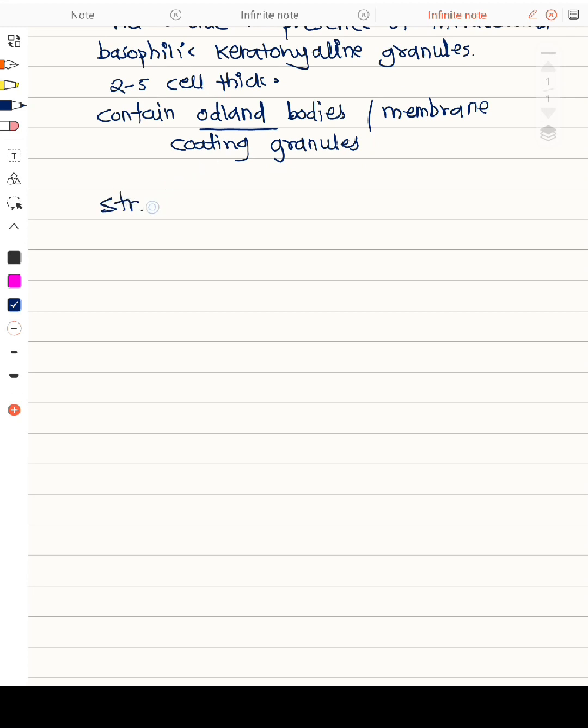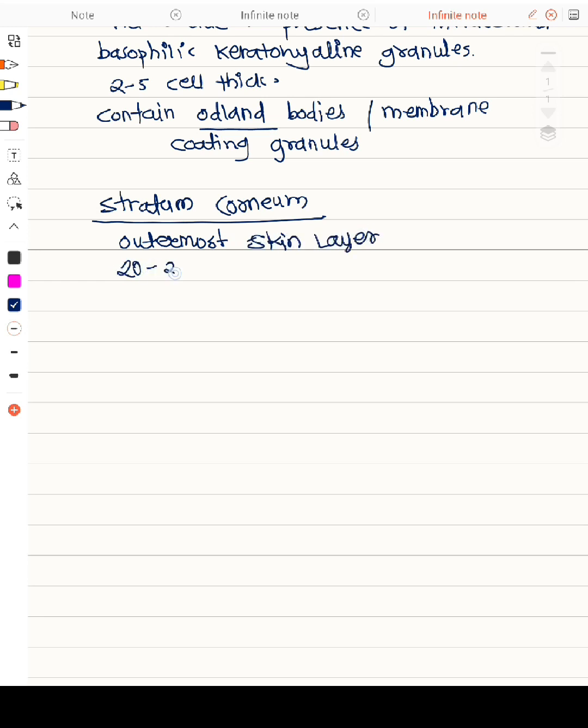Stratum corneum is the outermost skin layer, 20 to 25 layers thick.